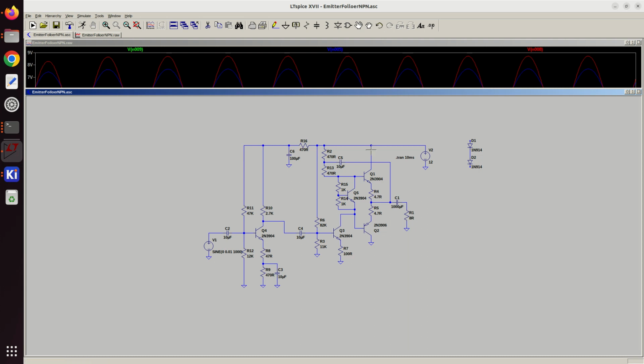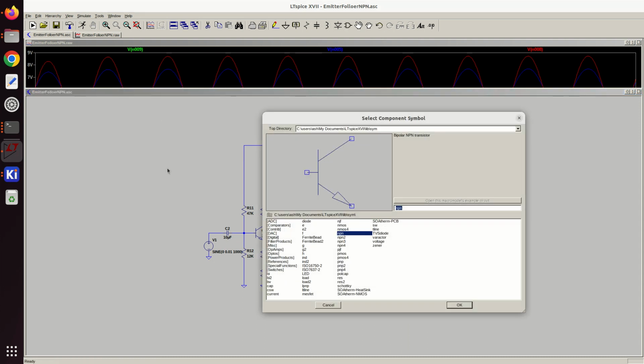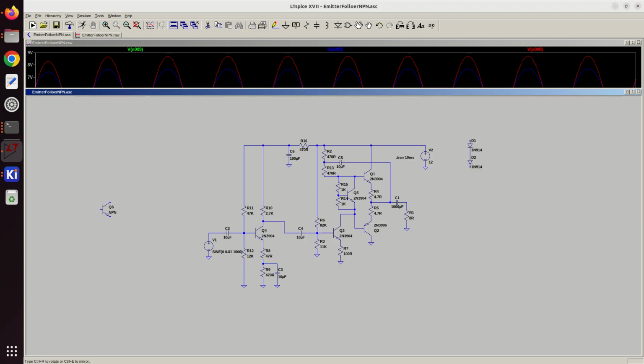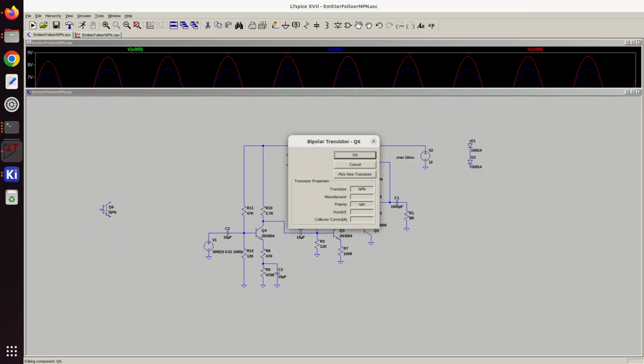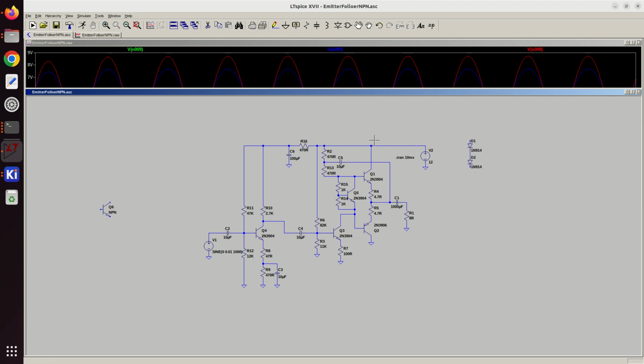Uh, yeah, I'm not sure of the characteristics of the standard NPN, or is there? Let me just add one here just to see. 'Cause that's NPN. It doesn't say. So I don't know. But either which way, I will build this and test it out and see how it operates.